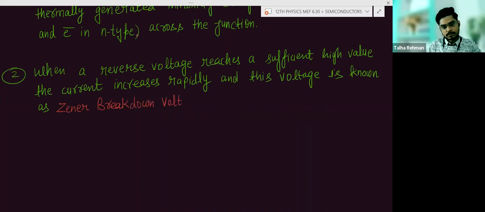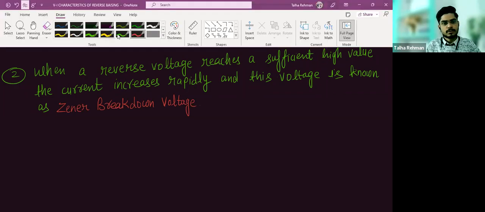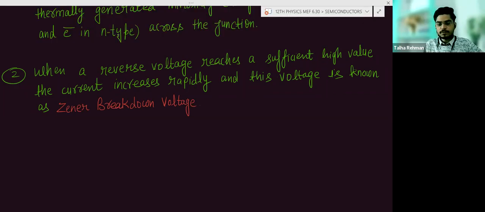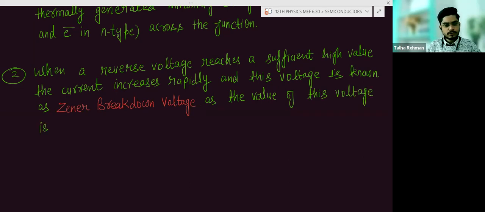The value of this voltage is 1 to 2 volts to several thousand volts.